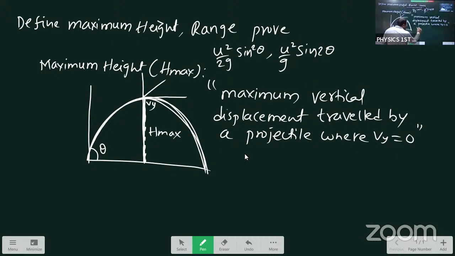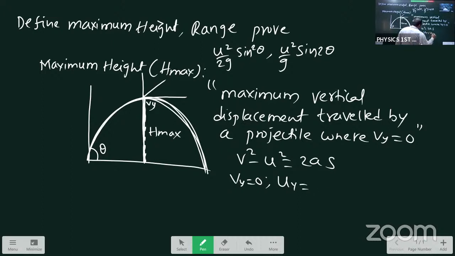Now here from v square minus u square equals 2as, Vy equals 0. We wrote Uy, nothing but vertical component, u into sin theta. a equals minus g. I am writing values. What are the values we want from this equation? Vertical component 0.